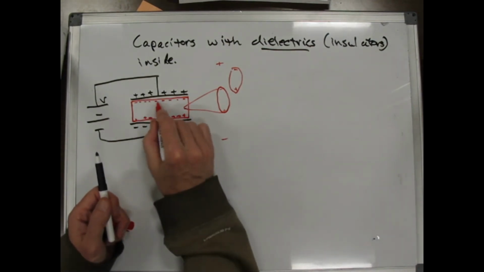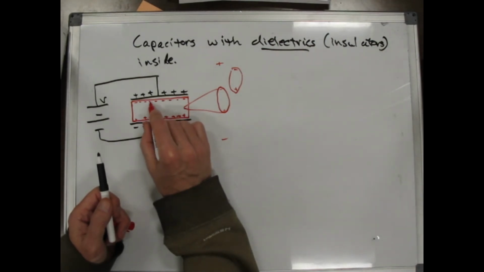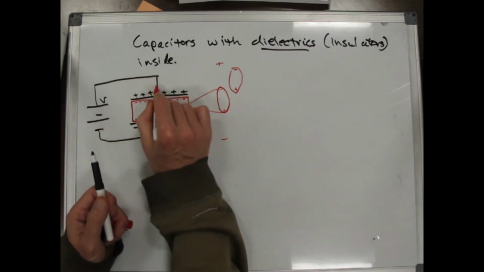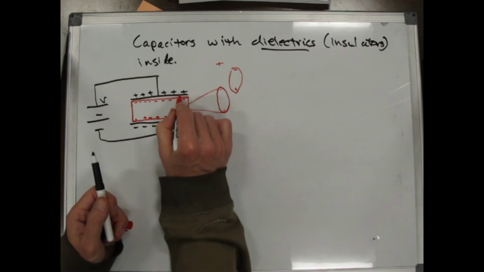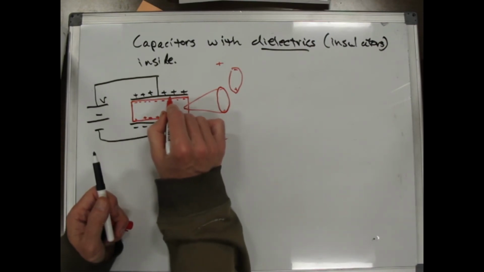But this has the effect of mitigating the charge buildup here. And so when you're bringing another positive charge around here, it doesn't see as much of a repulsive positive charge, and so it increases the capacitance.